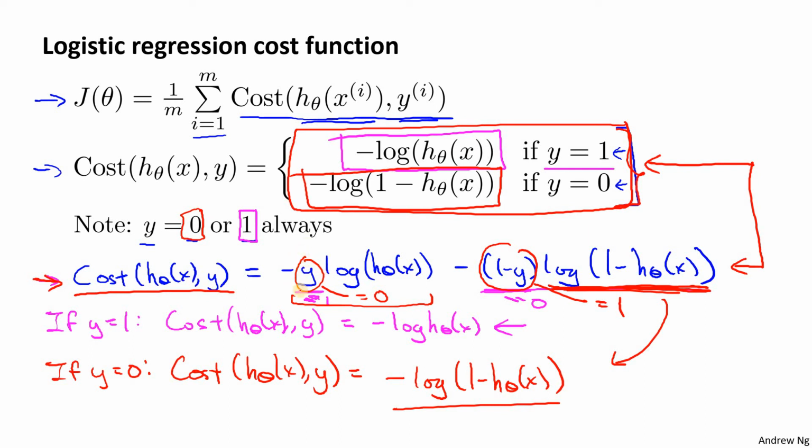They have no other role in this formula, only to select either this part of the equation or that part of the equation. So when y is 1, it will select this one, and the other will be 0. But when y is 0, this part will become 0, and this part will be 1 minus 0, which is 1. So this will be activated.